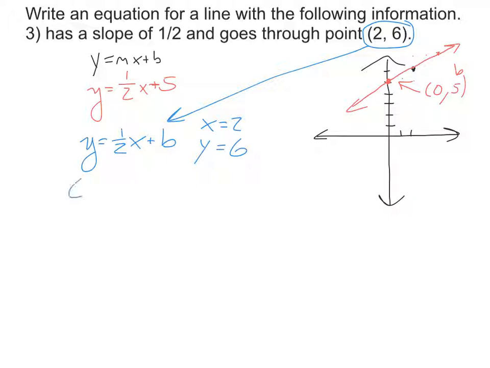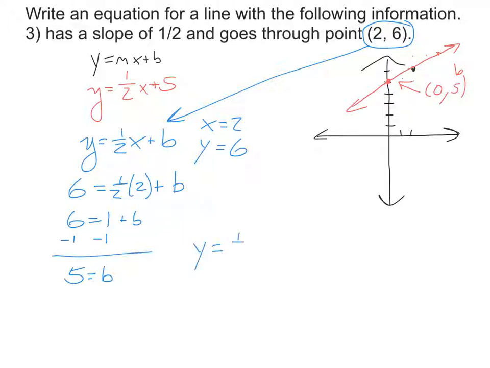So I replace y with 6, I replace x with 2, still plus b. And we solve for b. 6 is equal to 1 plus b. We subtract 1 on both sides, so 5 equals b. And once again we see my equation, y equals 1/2 x plus 5, when we plug in both the b and the m.